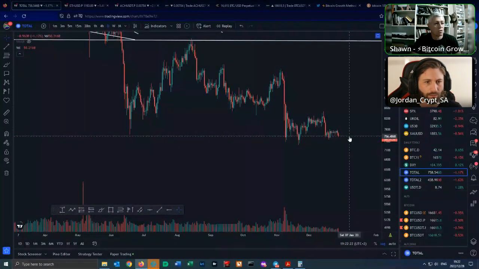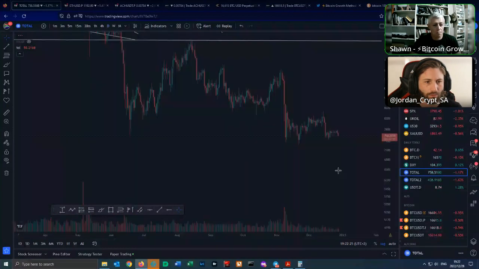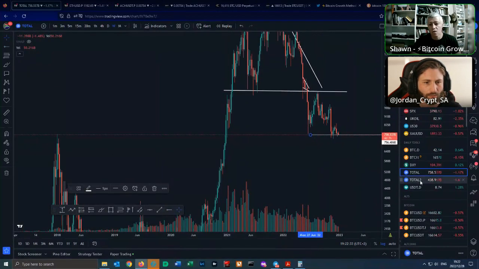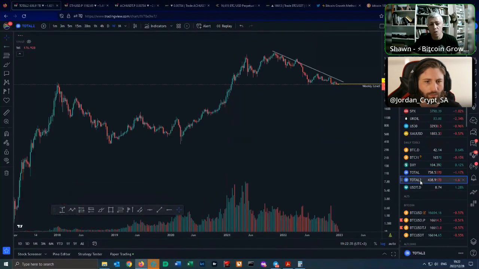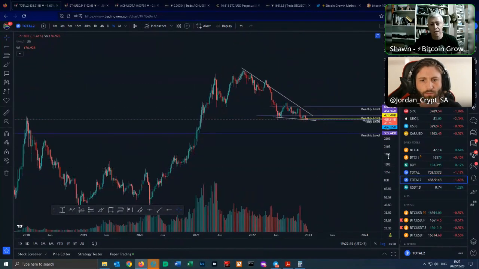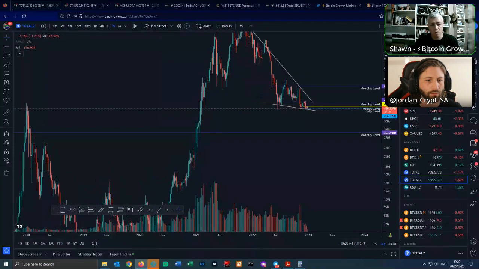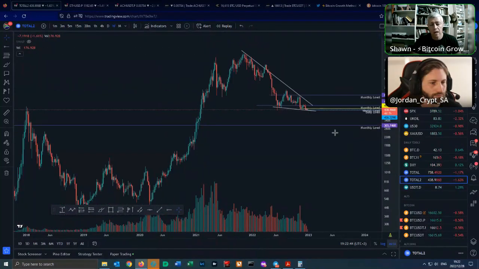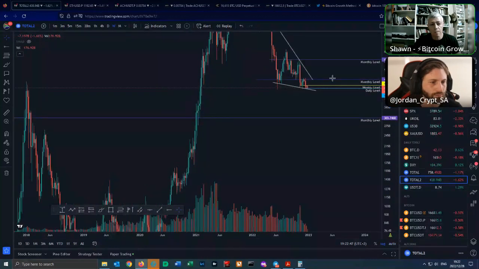So if it had to lose this level right here, BTC and alts are going to crash really, really hard. Total 2, which is your altcoins, is sitting right at a precipice at the moment. If we lose this daily level right here, altcoins are going to dump really, really hard.